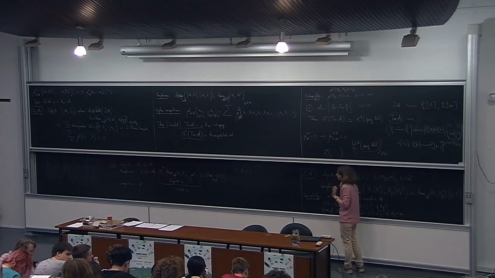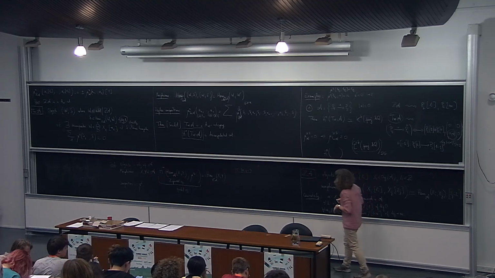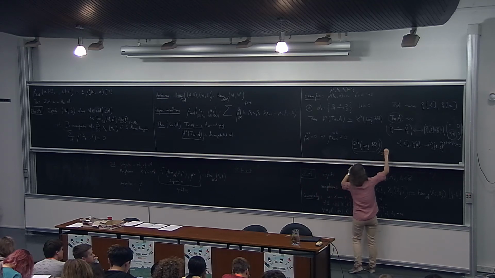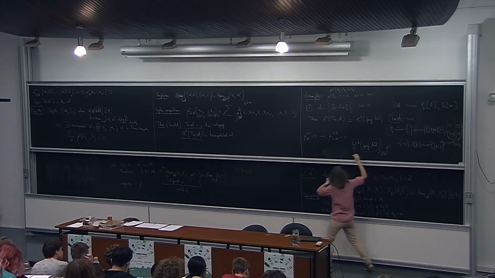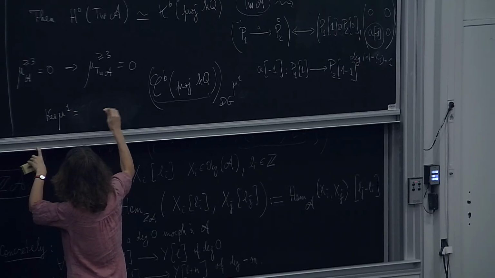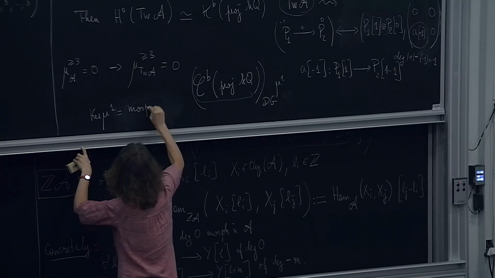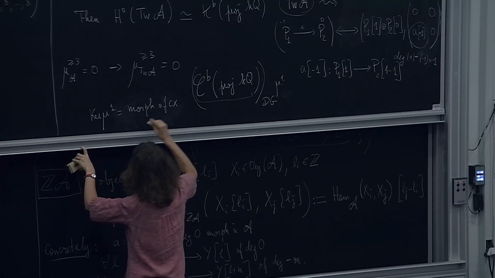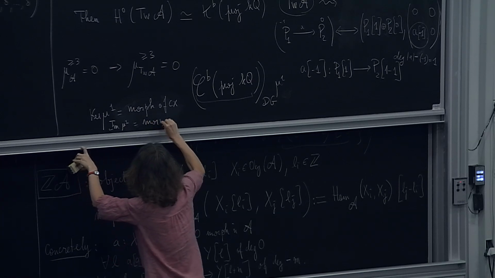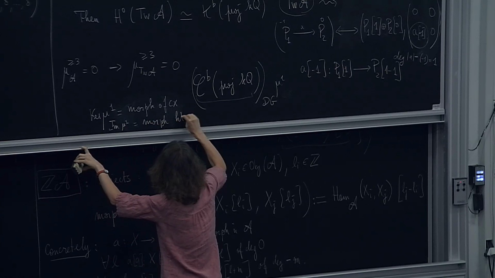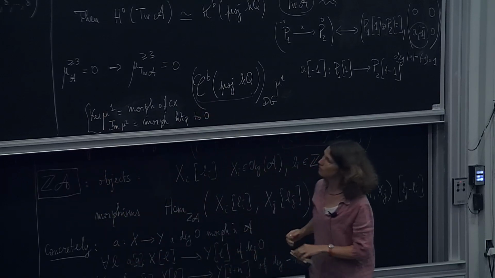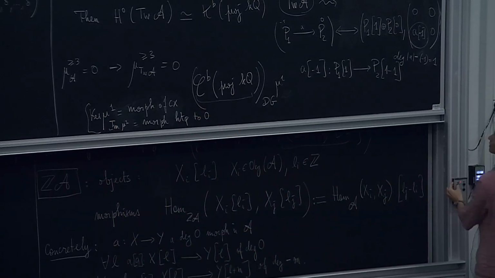So you just obtain what you want. Here you have some mu1, and the kernel of mu1 for morphisms will be the morphisms of complexes, and the image of mu1 will be morphisms homotopic to 0. So when you compute the homology, you get that.